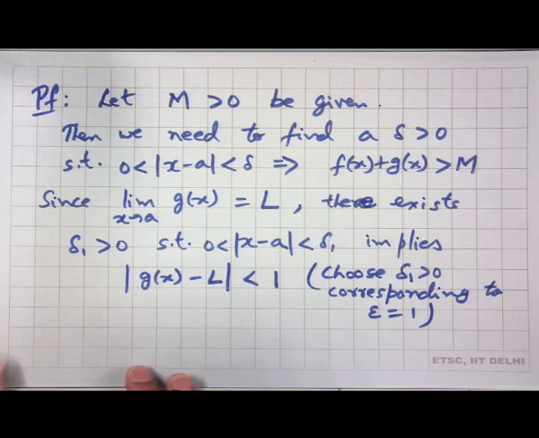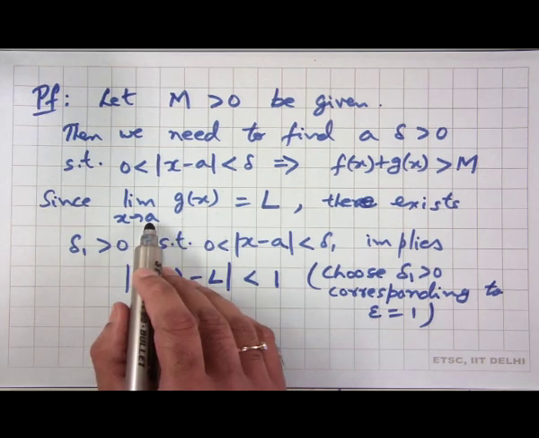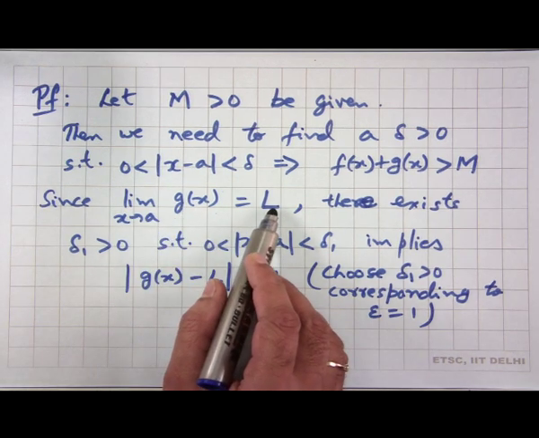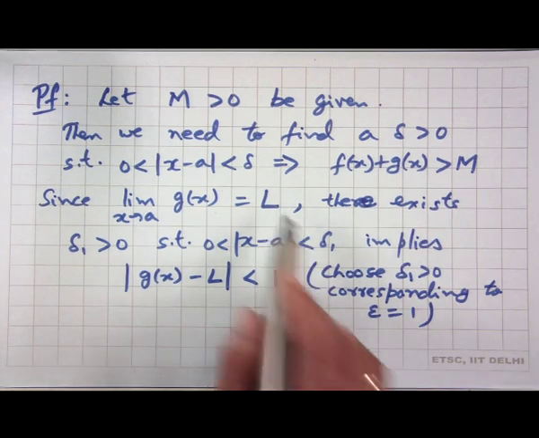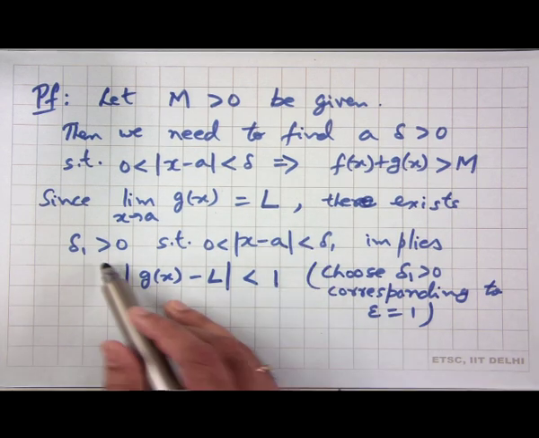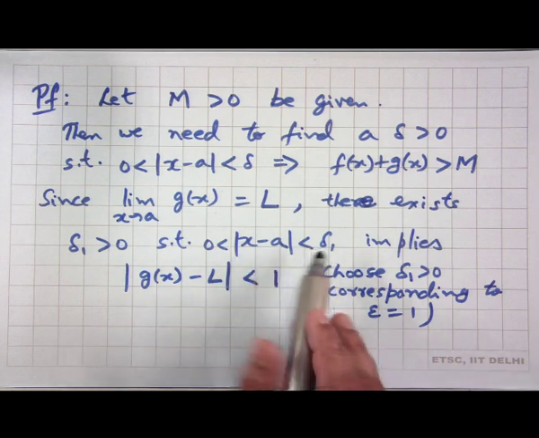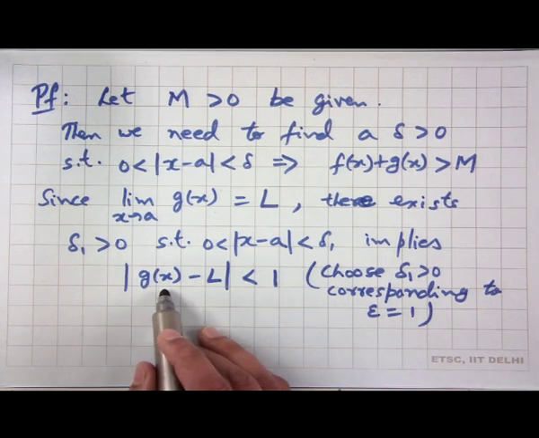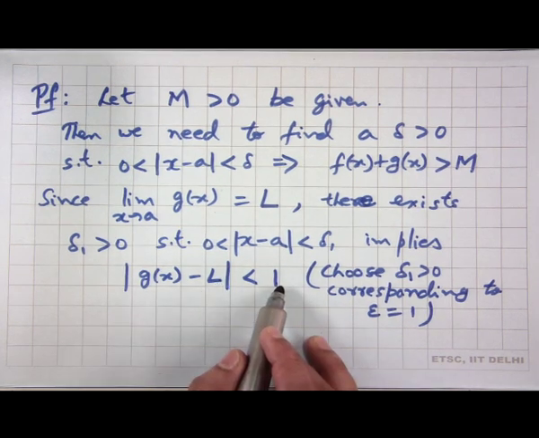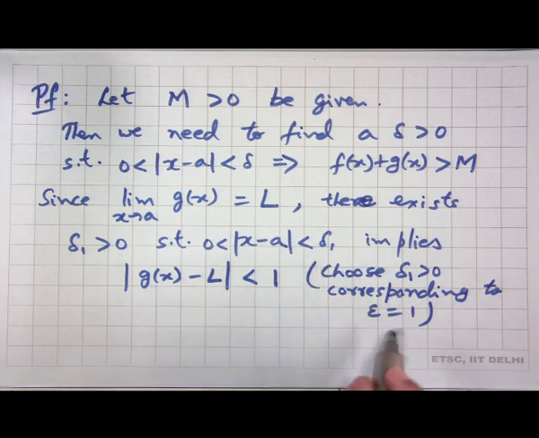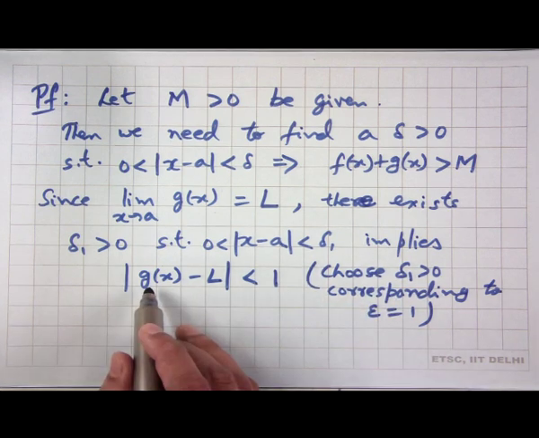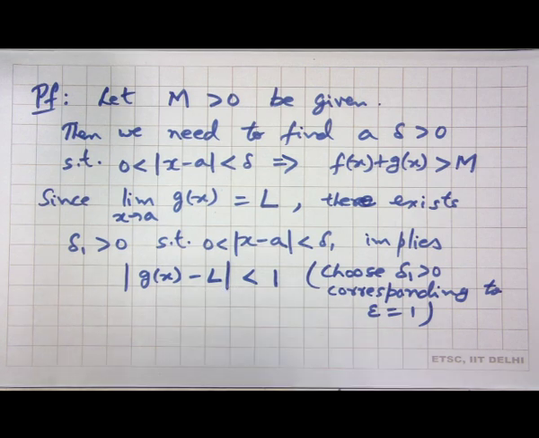What we know is that the limit of g of x as x goes to a is equal to L. If given any epsilon positive, I can find a delta such that whenever mod x minus a is less than delta and x not equal to a, then mod of g of x minus L should be less than epsilon. In particular, I have chosen epsilon to be 1. So, mod g x minus L is less than 1.